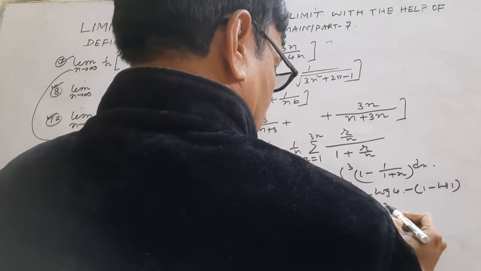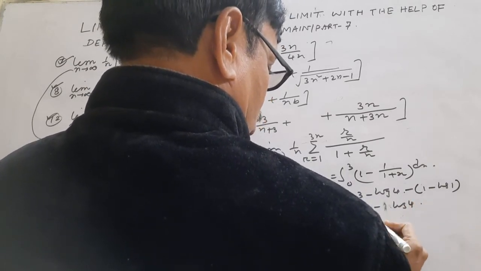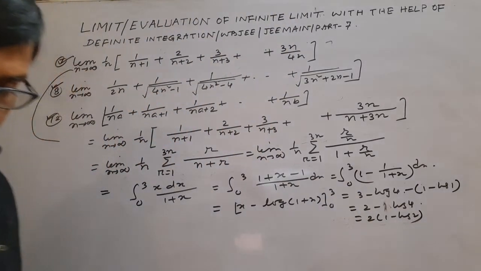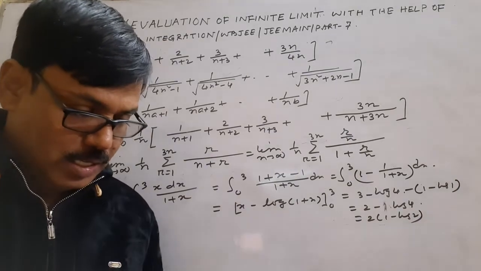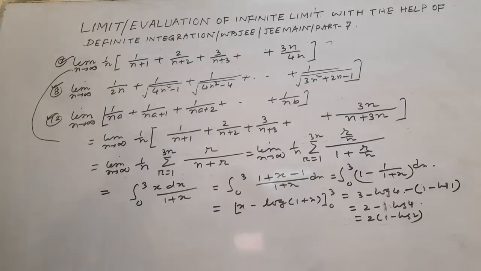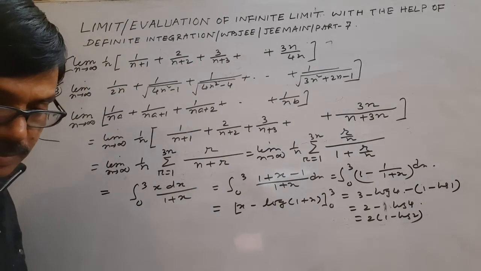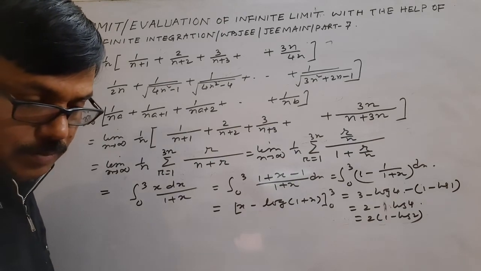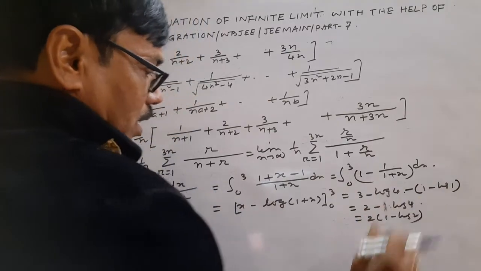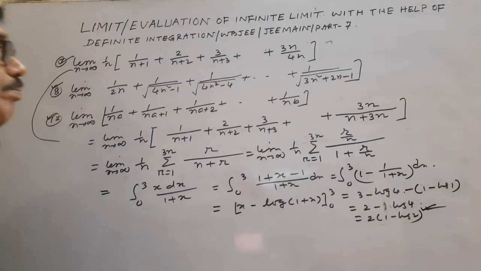So 2 minus log 4. So this is 2 log 2. So 2 into 1 minus log 2. So possible answer is 2 minus log 4. So this is the answer.